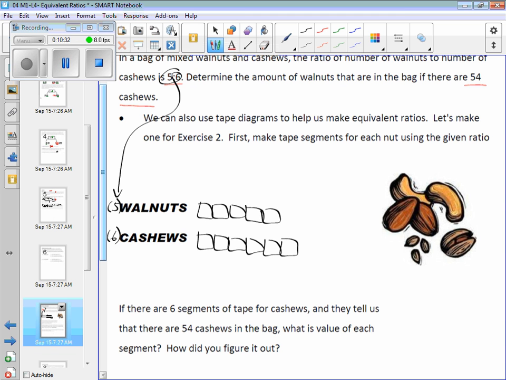You have to go to the cashews, and since you know the 6 boxes are total of 54, you have to divide 54 by 6. Okay, very good. My 54 represents my total number of cashews being modeled by my 6 boxes of cashews.